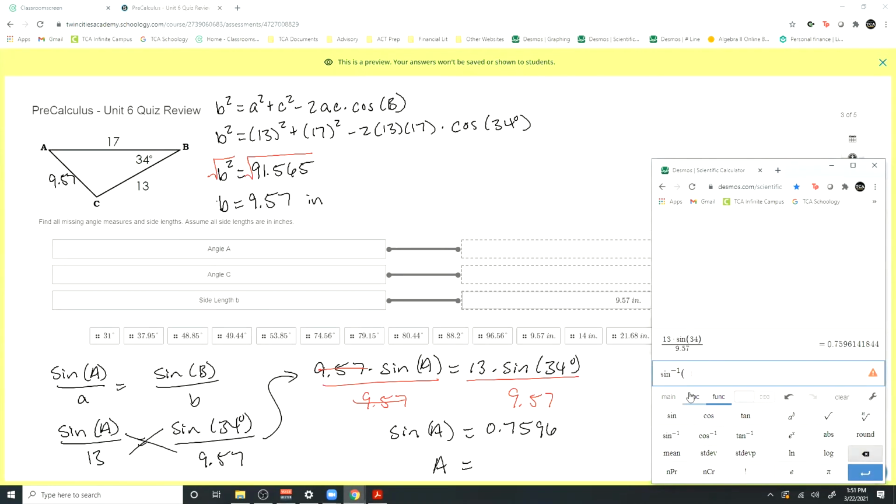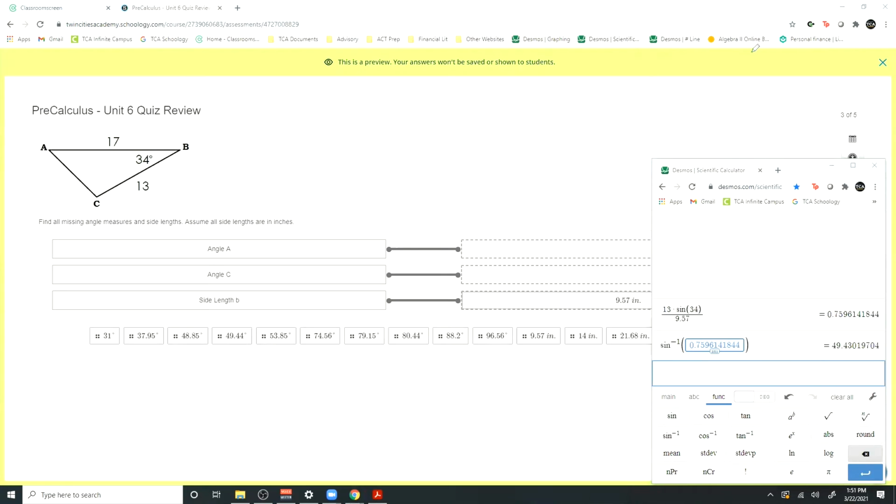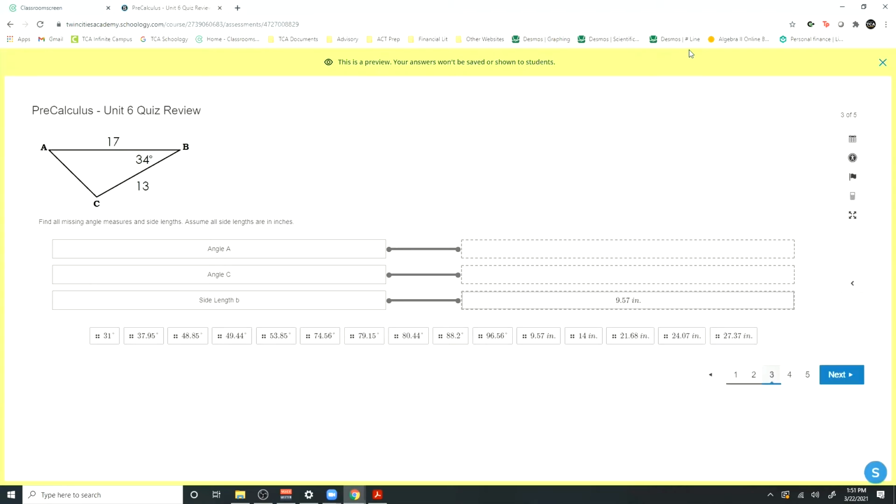So I can say sine inverse and then ANS to pull up my last answer. A is equal to 49.43. My answer here must have been a little bit of a rounding error, so 49.44, we'll call it.